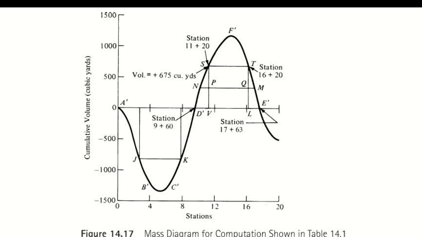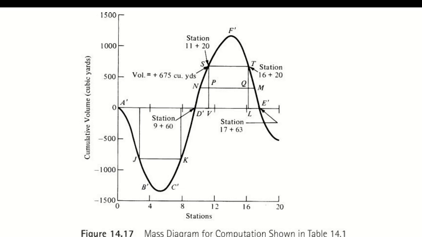One is what they are showing there, 675. How did they get 675? They took the exact value from the graph. They forgot about the table. There is no table, only this graph, and this is the value exactly at J and K. Whatever the software did between the two points, I am not concerned.